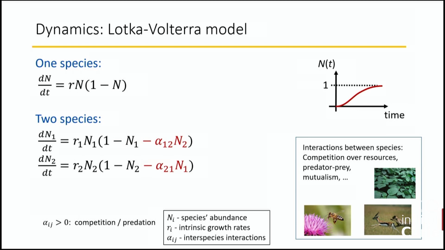It's what happens in competition or predation. And negative numbers are when they're beneficial, such as in mutualism. So it's enough that we have these two numbers, and already by choosing the signs, we can have the different interactions that I described before that are written there on the right. Okay, so far it's clear. Yes, good.